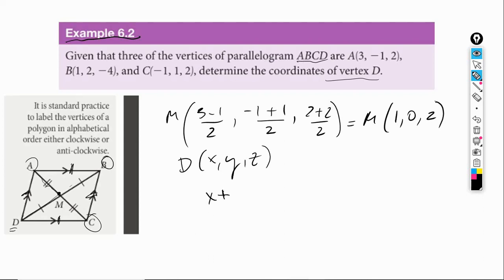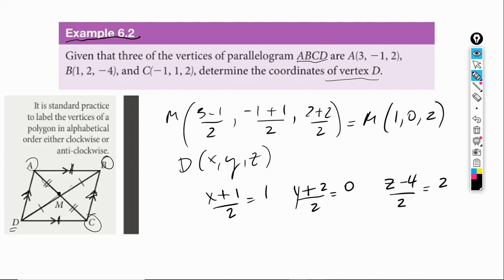So X plus 1 divided by 2 should equal 1, because that would give us the X coordinate of D. Then we know that Y plus 2 divided by 2 should equal 0. And finally, we know that Z minus 4 divided by 2 should equal 2.